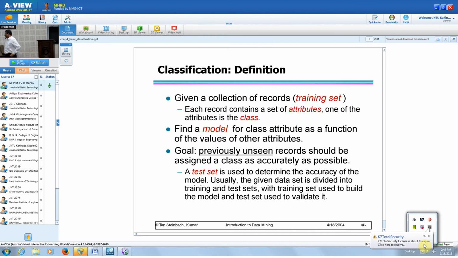Here the problem is you know the class label. You have the data, you know the class label, but you have to classify, group them to one of these classes. Got my point?